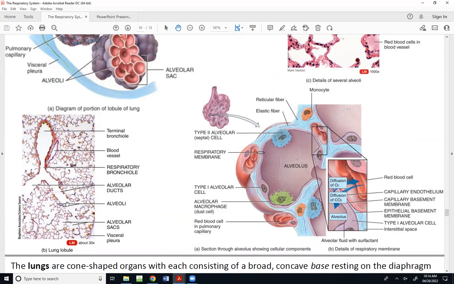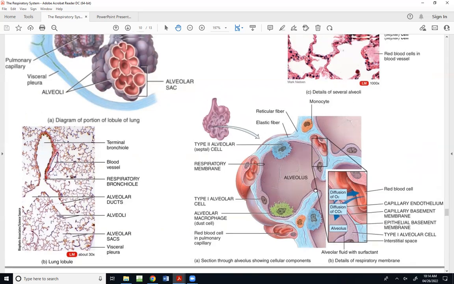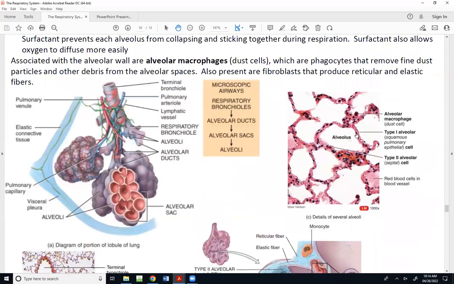Okay. Got some pretty cool pictures here showing you a lung lobule where we can see a terminal bronchiole, respiratory bronchiole, and then we can see the ducts. All these little ball-like structures would be the alveoli. Speaking of, we've zoomed in even farther, showing you the alveoli and their circular structure with the capillaries surrounding, and we can see the type 1 cells and type 2 cells labeled.